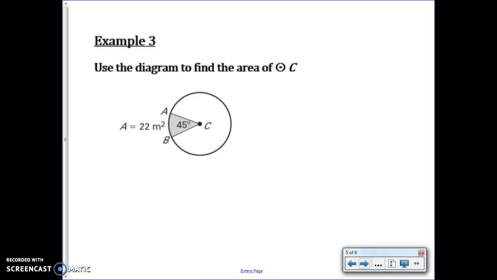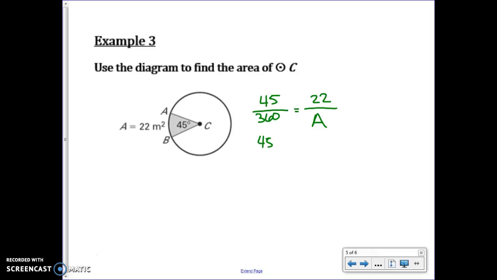Alright, let's look at another one. It says use the diagram to find the area of circle C. I have the degree measure. I know the total degrees. I know the area of the sector is 22. I want the area of the circle, so I'm going to call that A. Notice we don't have pi in there. We don't have to do anything along those lines. We're just cross multiplying.